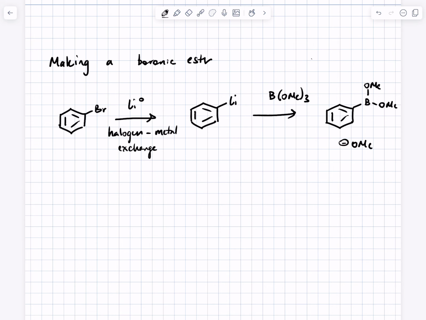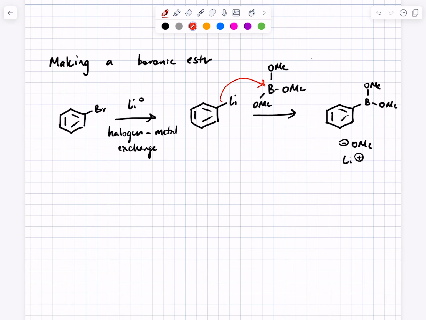It left from the boron, and then here is the lithium, which is a counter ion. We won't talk about the mechanism, not because it's too hard, because it's actually pretty easy, but just because it's boring and we have other things to talk about. Effectively, electrons from this carbon-lithium bond would attack the empty p orbital on the boron to give you an intermediate that would have a boron that's negatively charged, and then one of the methoxy groups would leave.